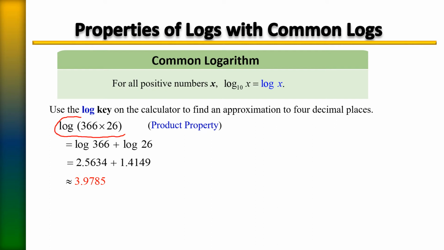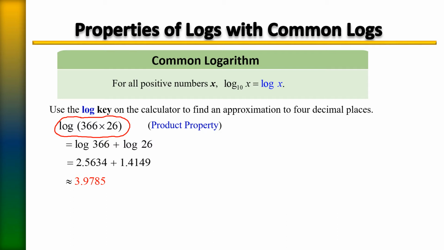Just press the log key, and then type in 366 times 26 and hit enter, and it should get you 3.9785. You shouldn't have to find the log of 366 and then find the log of 26 and then add them together. You can do it all in one calculation using the log key. Just press log 366 times 26.